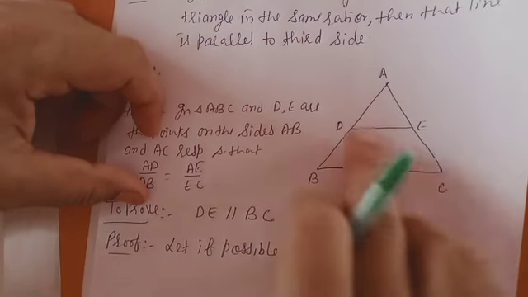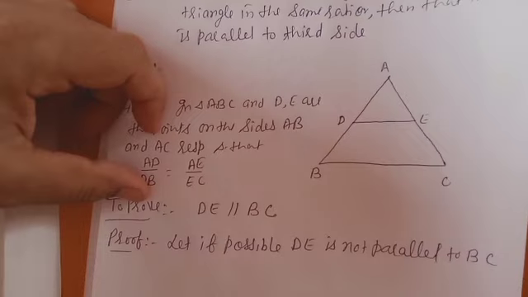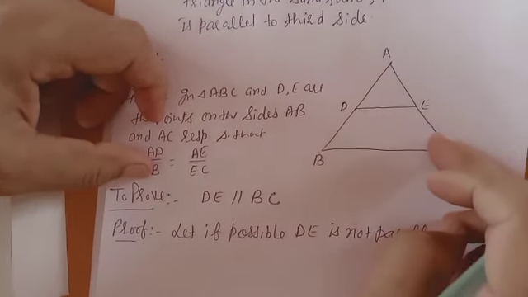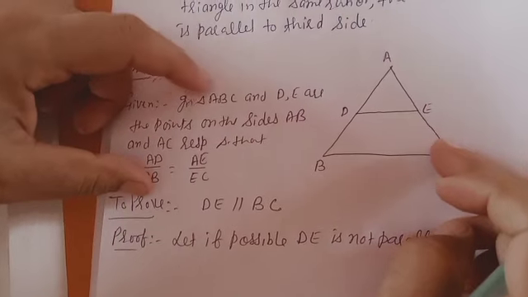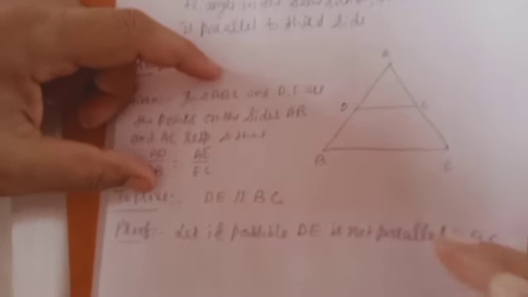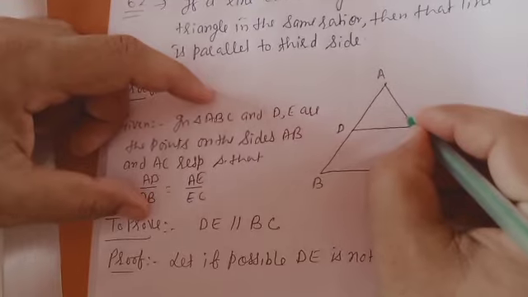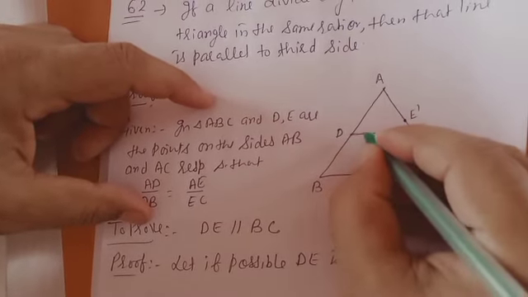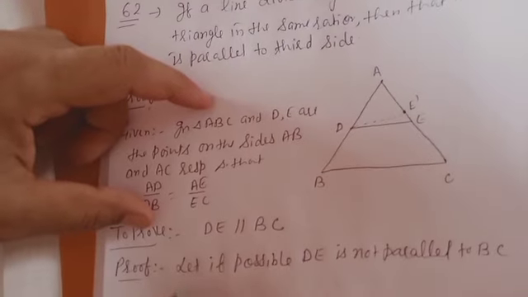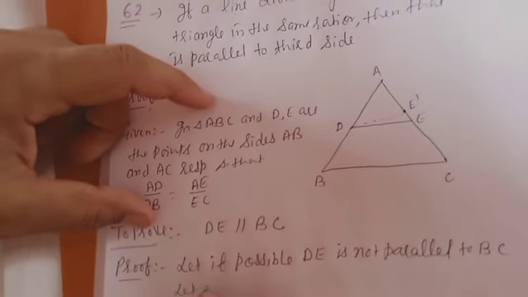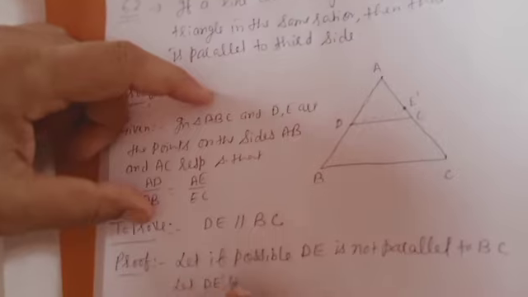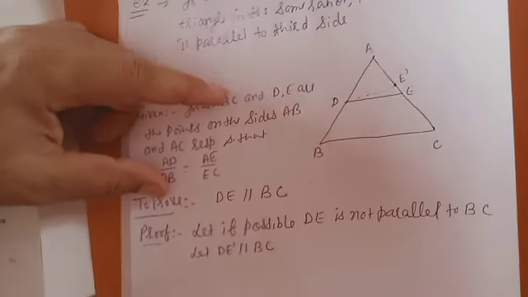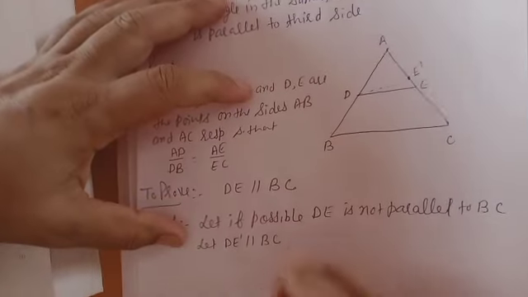If DE is not parallel to BC, definitely there is a point on the side AC such that that line segment is parallel to BC. We are saying like this: E dash. What's E dash? Join it. Let DE dash be parallel to BC.